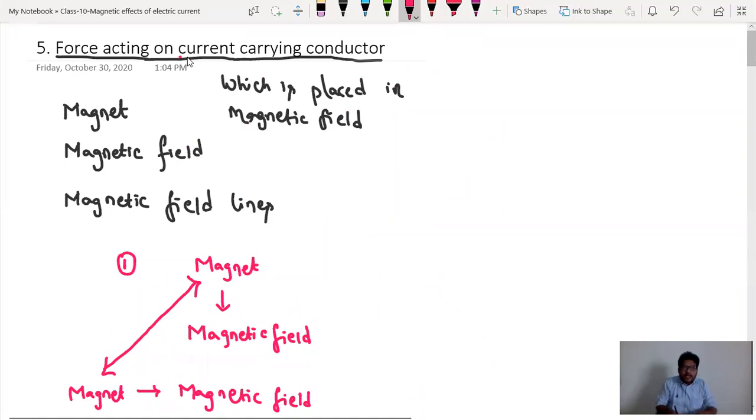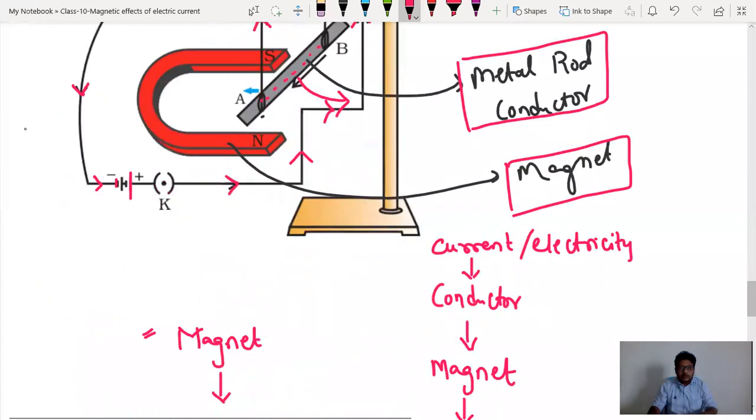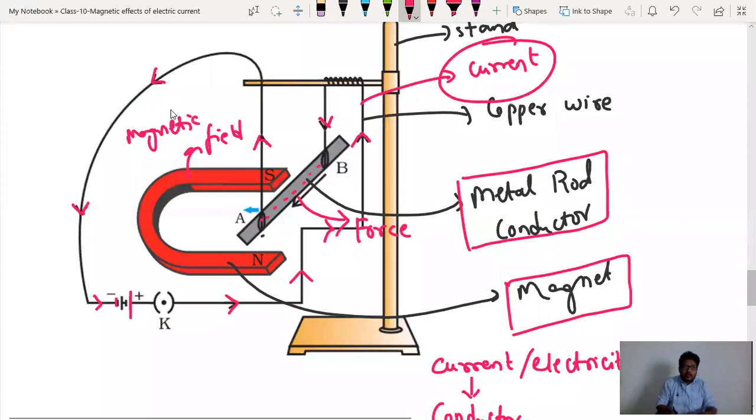Yes, if any current carrying conductor is placed in a magnetic field, definitely force is produced. That is the concept we have learned, right? So it will move, in the sense, force. Around this magnet there will be a magnetic field. From this battery, what we are getting? Current. These three things are important: current, magnetic field, force.